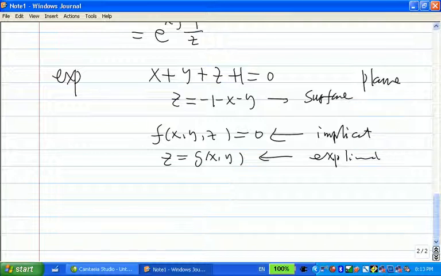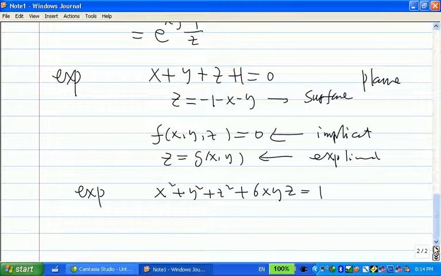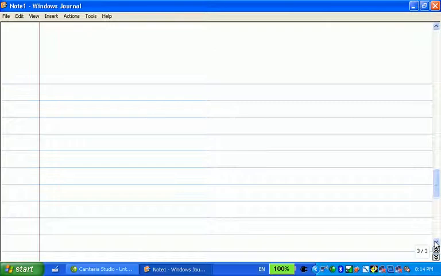Now let's look at the example. X squared plus y squared plus z squared plus 6xyz equal to 1. So what do we want to do?